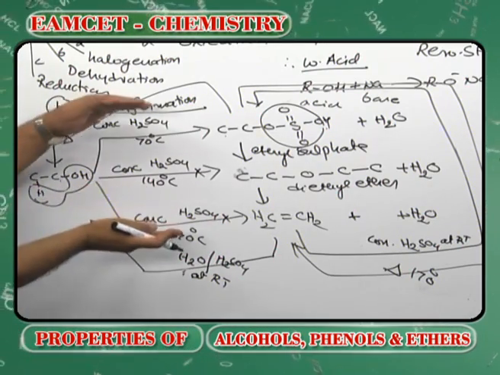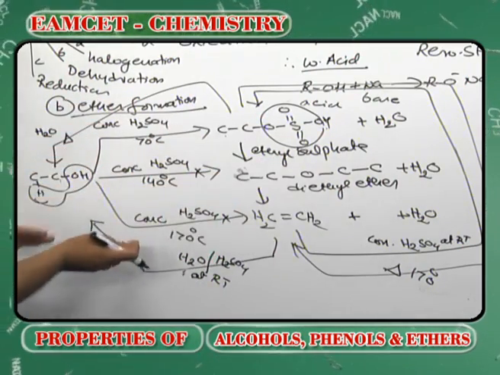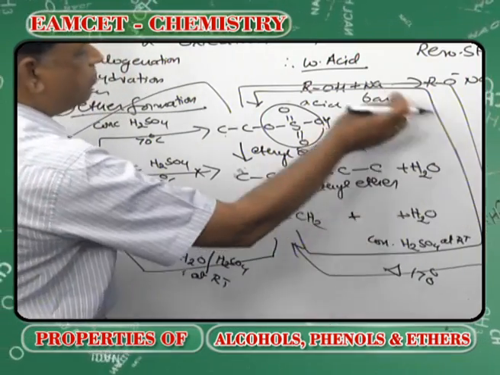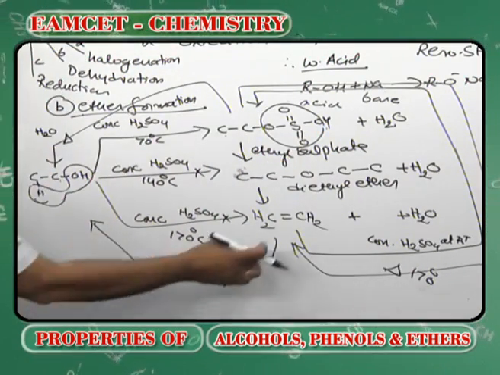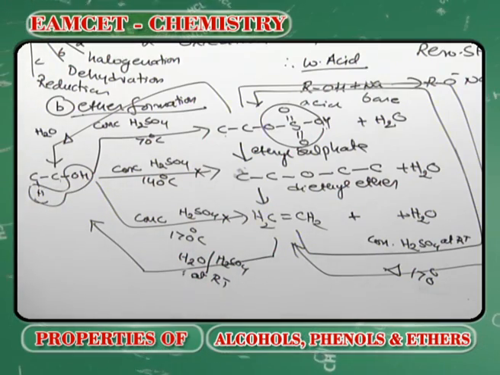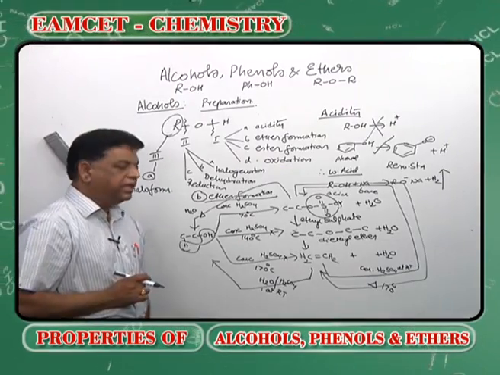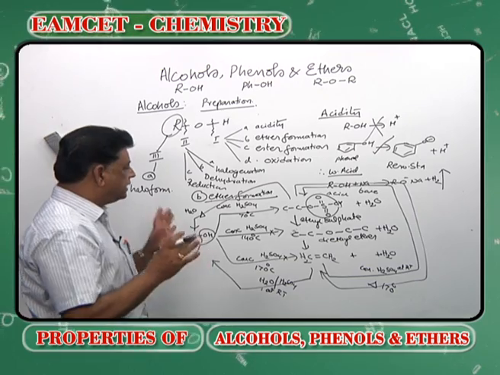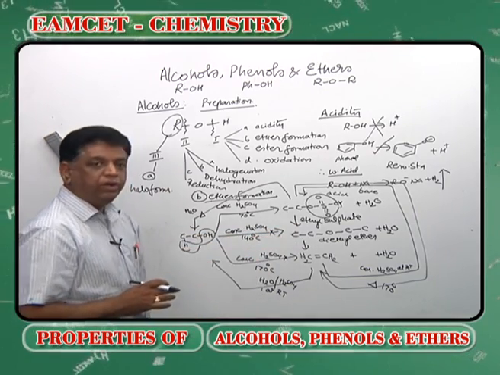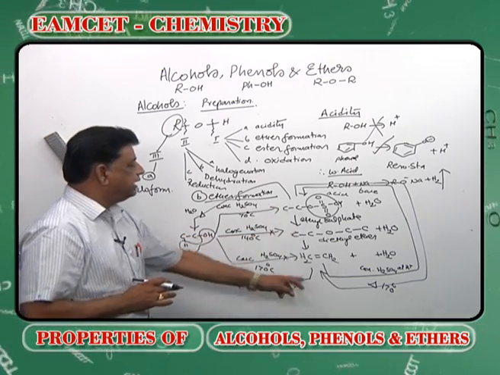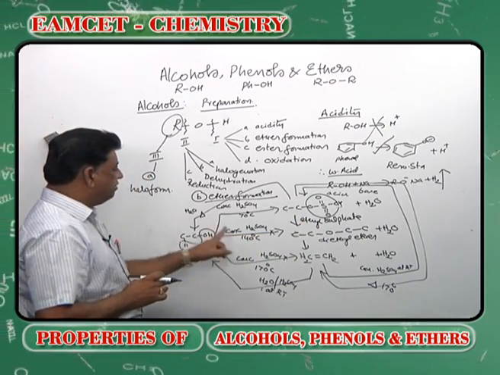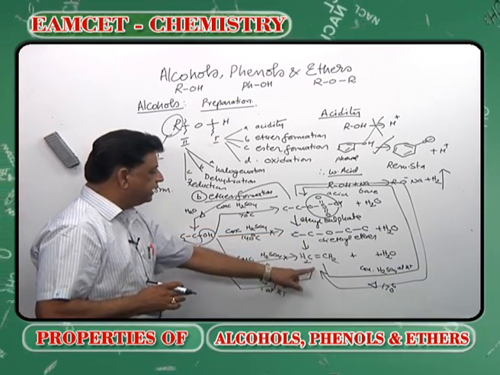So, inside there are temperature-dependent reactions, and outside they are room temperature reactions. But you have to remember that these interconversions are all interconnected reactions. If ethanol is taken at 140, you get ether; if you heat it further, you get ethylene.